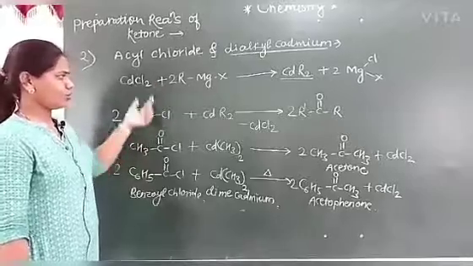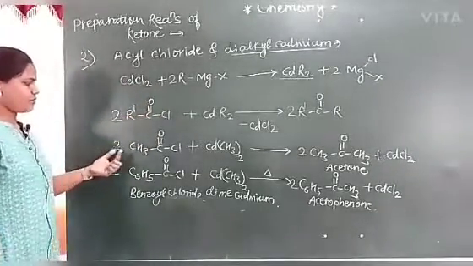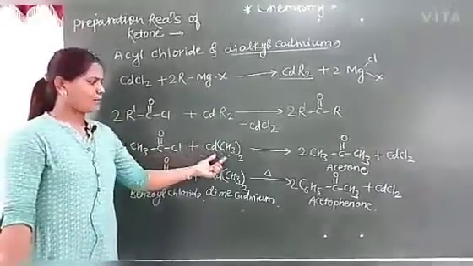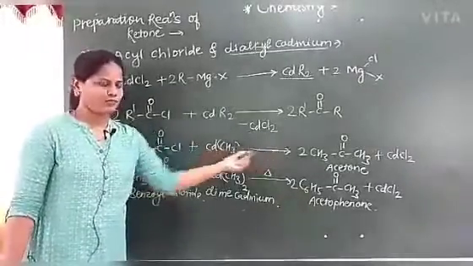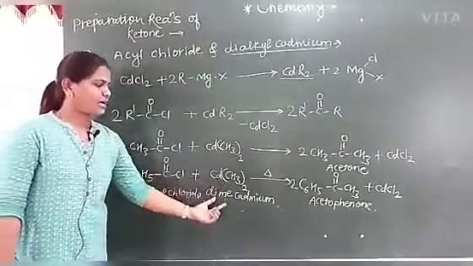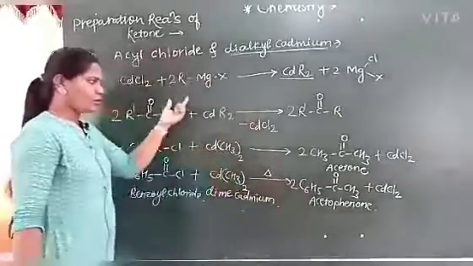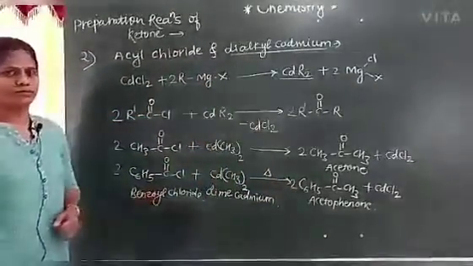In general reaction you have to note down these 2 reactions. And for example, acetyl chloride reacts with dimethyl cadmium, it forms acetone. Second example, benzoyl chloride reacts with dimethyl cadmium, it forms acetophenone. Likewise you note down in your notebook.